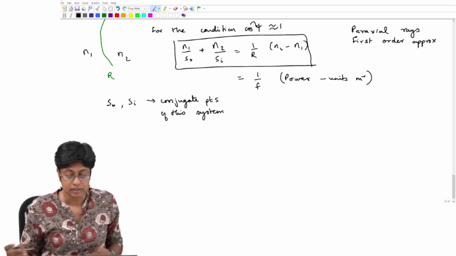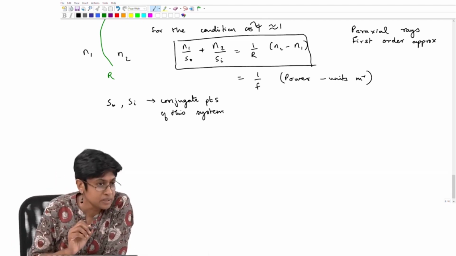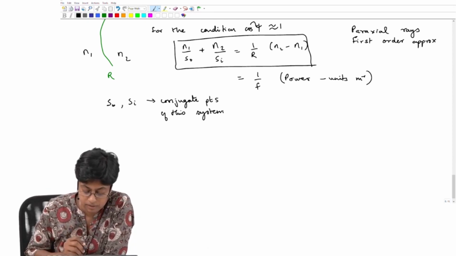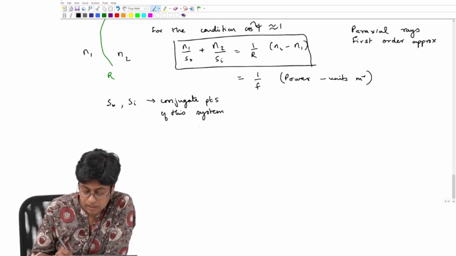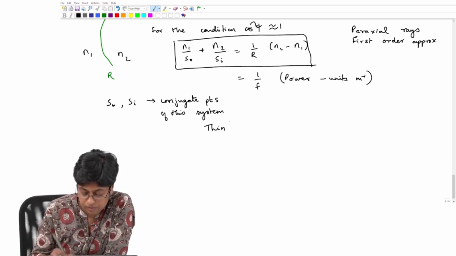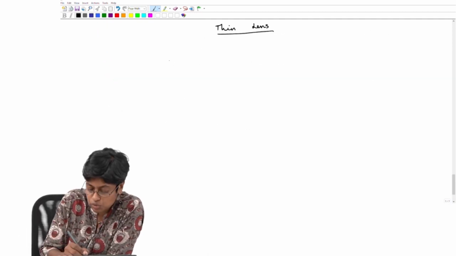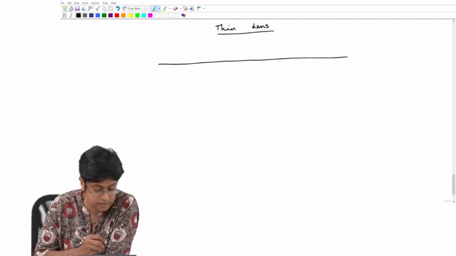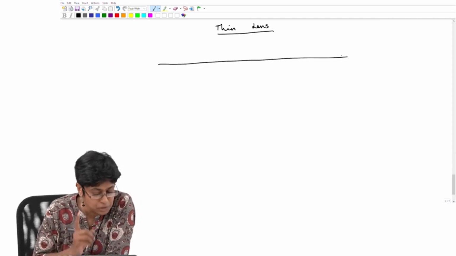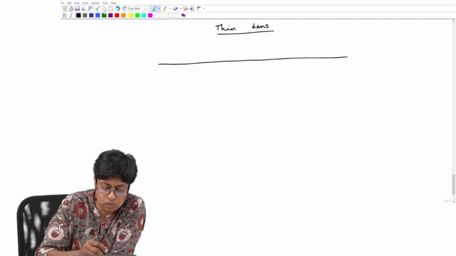So, that was the equation for a single refracting surface. Let us get the equation of a thin lens. As usual, I start with an optical axis. It is a lens, so there are two interfaces.